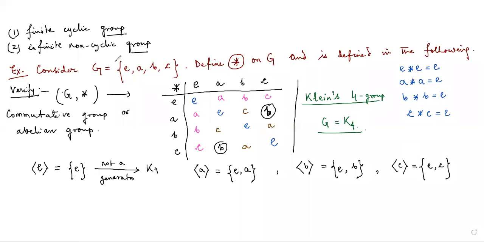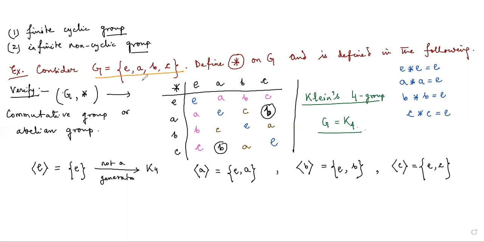So we are seeing that in this particular group, there exists no element which can generate the entire group. Just like the imaginary i and minus i generate the entire G, the set of roots of the equation x to the power 4 equals 1.